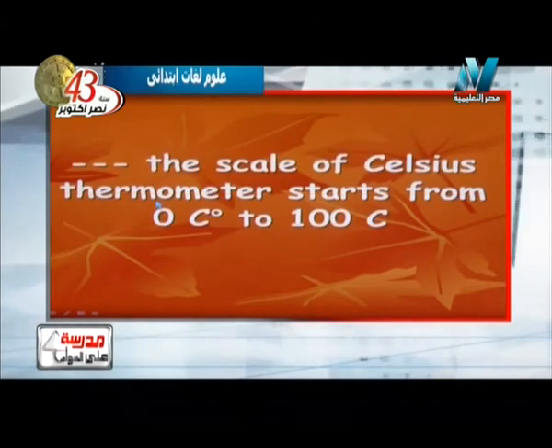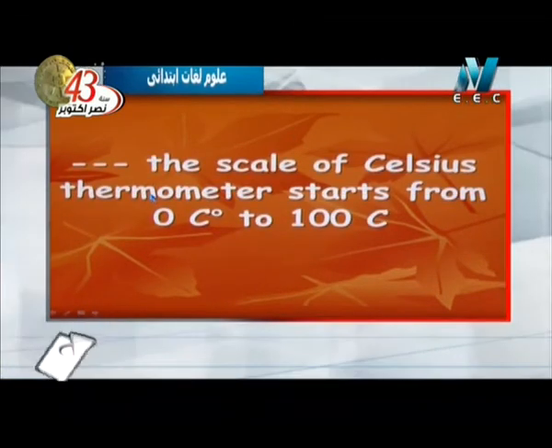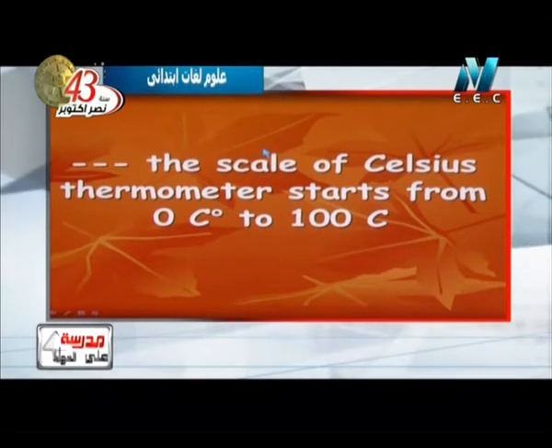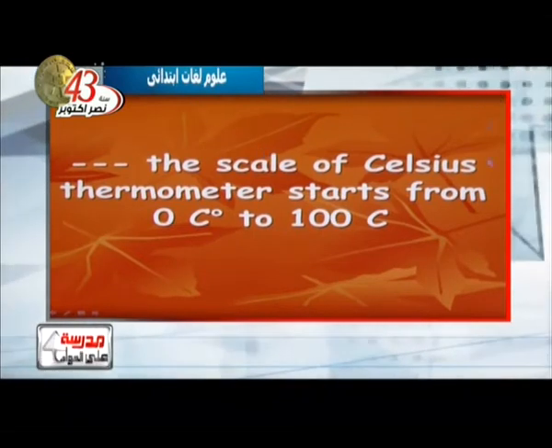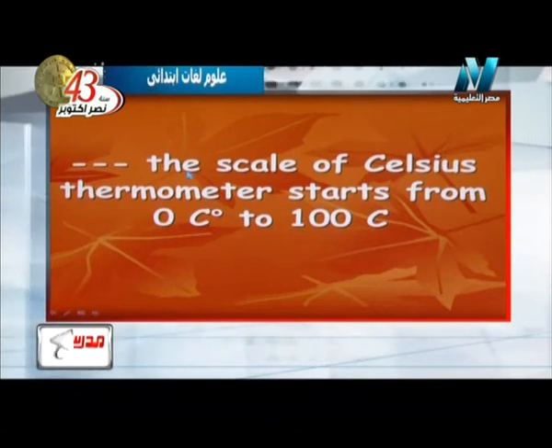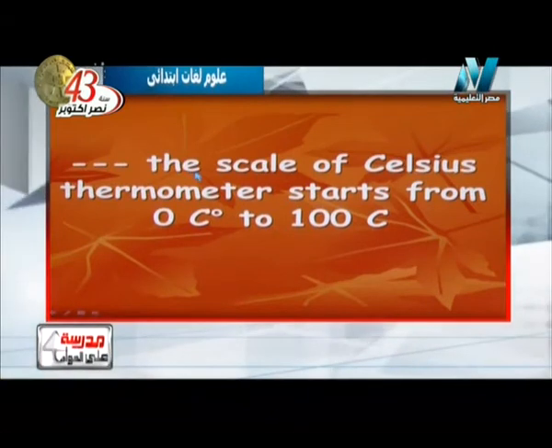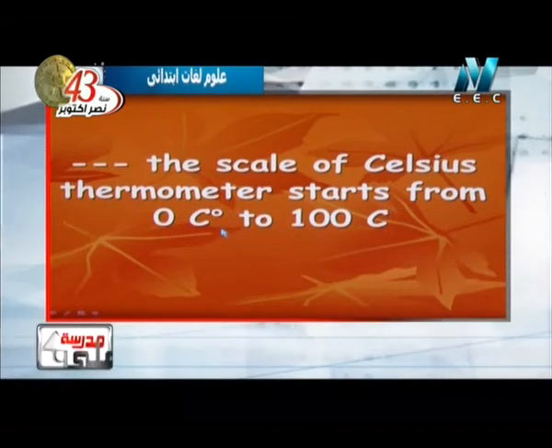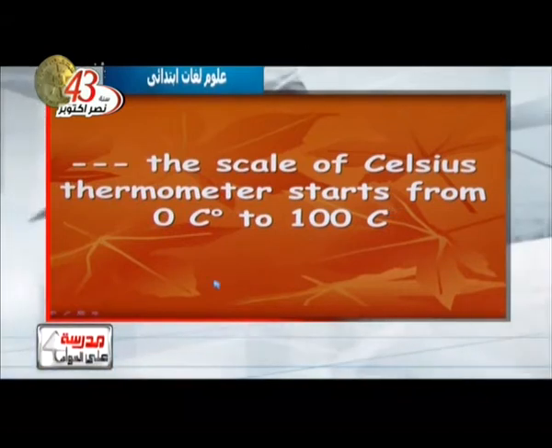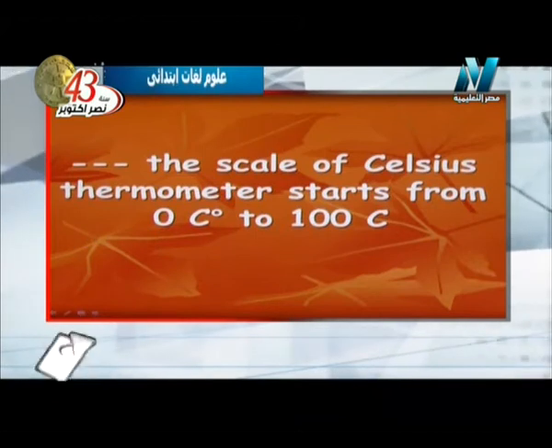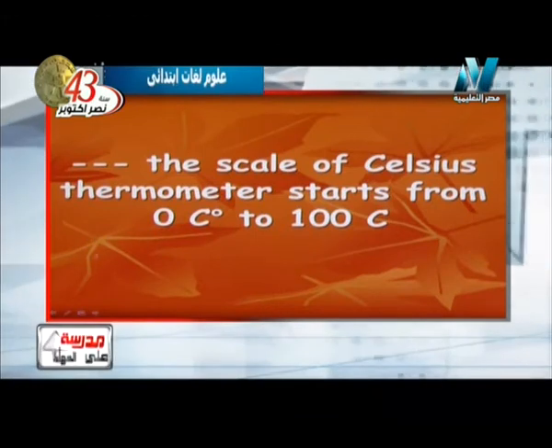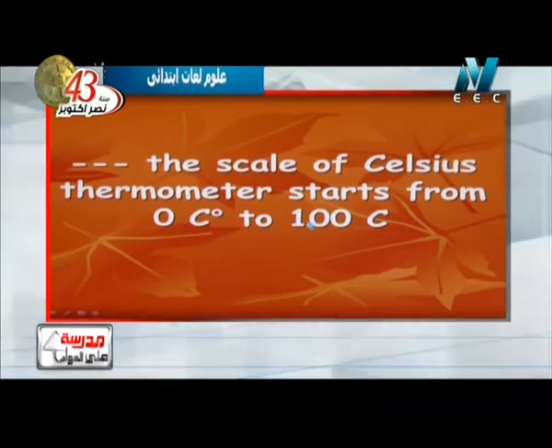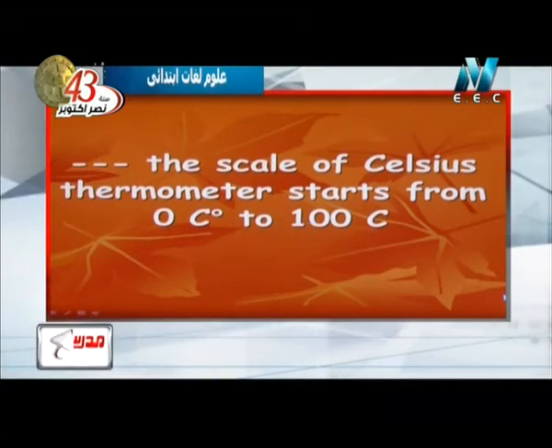Okay? Now, a very important note. The scale of the Celsius thermometer starts from what to what? Starts from 0 Celsius to 100 Celsius. We know that it may start from 0 Celsius to 100 Celsius, or may start from less than 0, for example -10, -20, and end at more than 100, for example 200, 300, and so on.